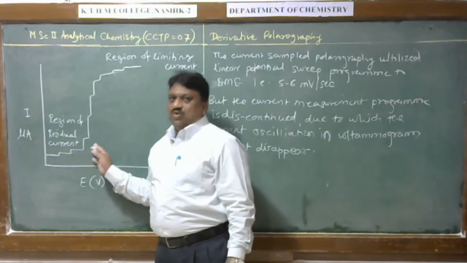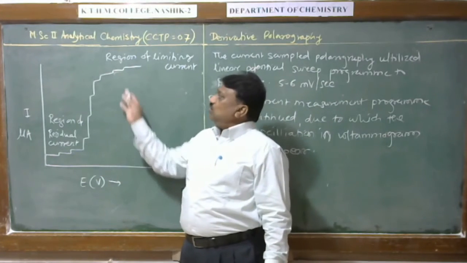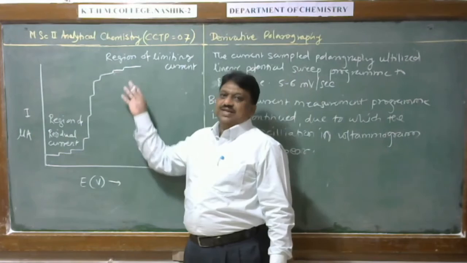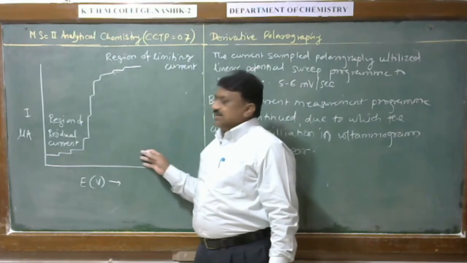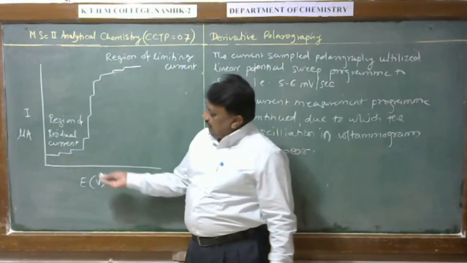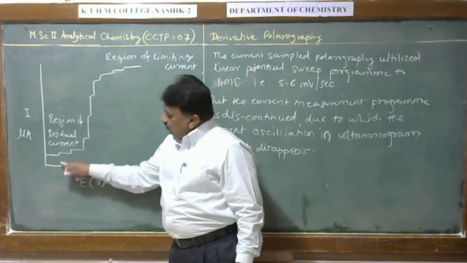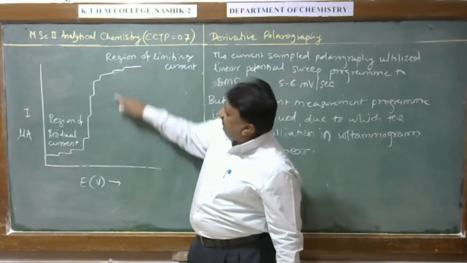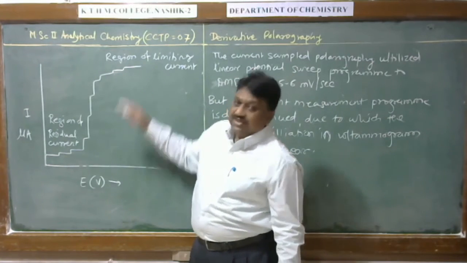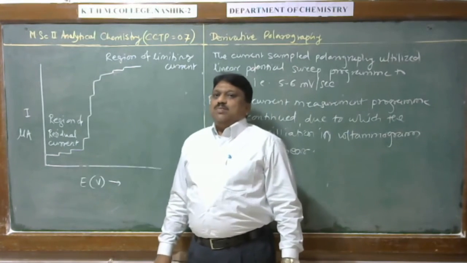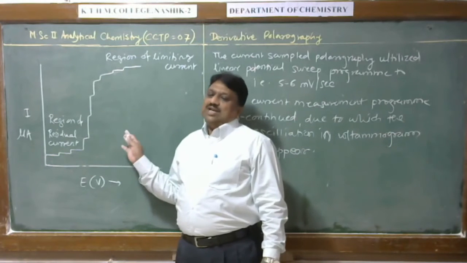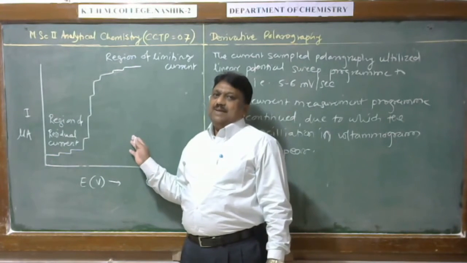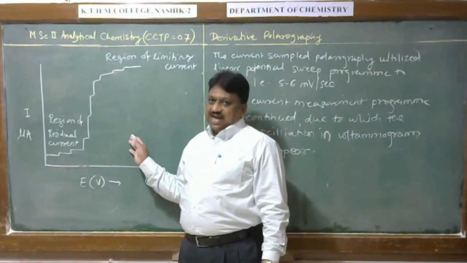Therefore, from this voltammogram it is difficult to obtain the diffusion current, because plotting a baseline becomes difficult. It is impossible to draw the baseline from this region or this region or this region. Plotting a baseline for calculation of the diffusion current becomes a difficult task.